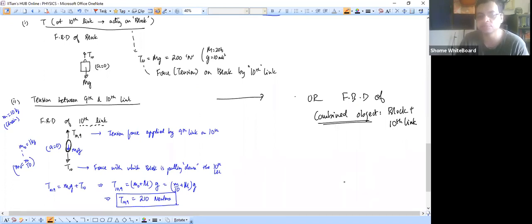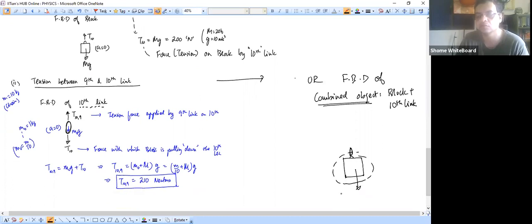So for that combined object's free body diagram, what will the forces look like? So this whole object will have a combined mass of m naught plus capital M, that is 1/10 of the mass of the chain plus capital M, and there will be an upward tensional force acting on it, which is this force.